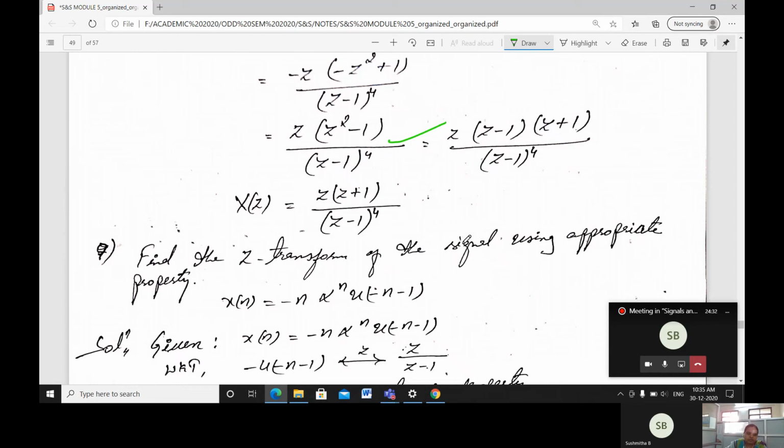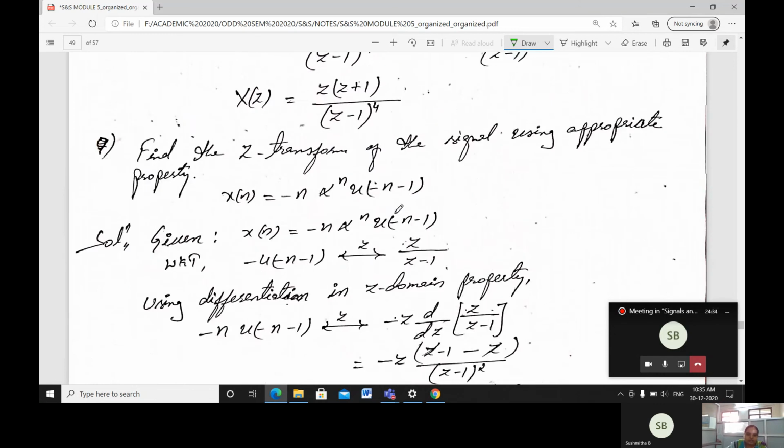Then next problem is to find the z transform of the signal using the appropriate property, that is x of n is equal to minus n alpha raised to n u of minus n minus 1. This is the given equation. The z transform of minus u of minus n minus 1 is going to be z divided by z minus 1.